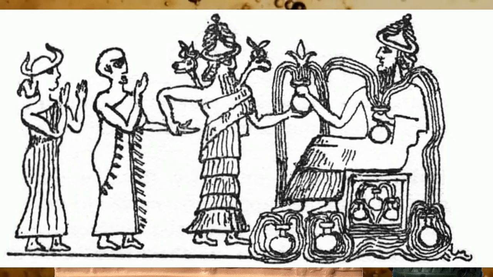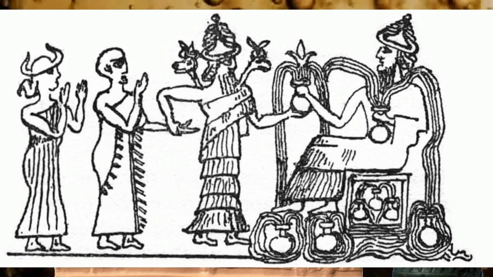Moving on, we've got an image where Ningishzida, and you can tell because he has those two serpents coming from his shoulders, is leading an individual into Enki's presence. And Enki has not just one, but many overflowing jars of water.